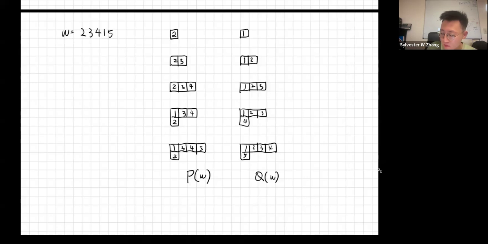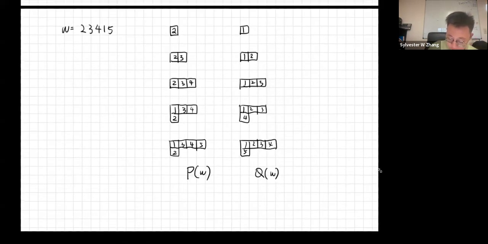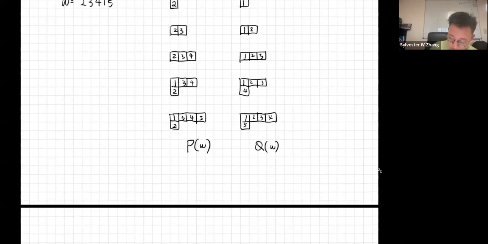The RS algorithm has a lot of applications. It's very important in many areas of combinatorics and representation theory.